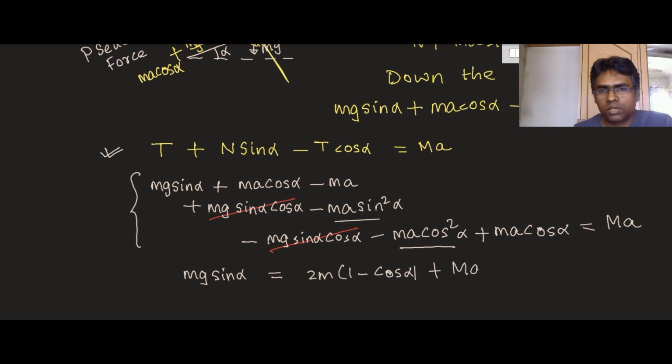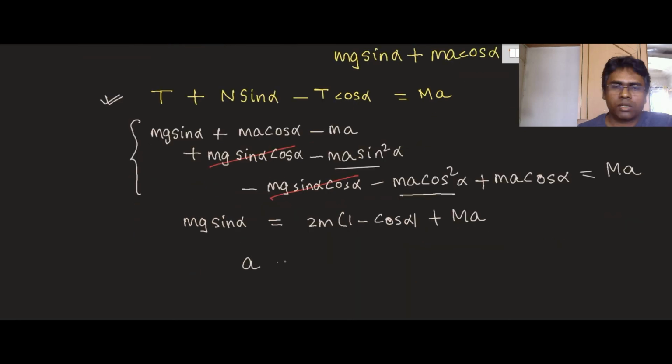Finally, the acceleration of the wedge is mg sin alpha divided by capital M plus 2m into 1 minus cos alpha.